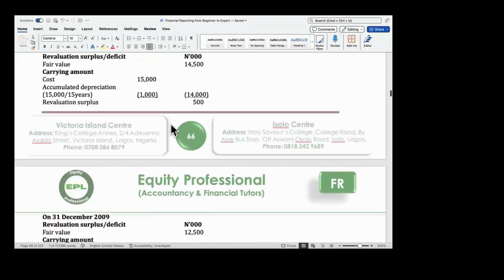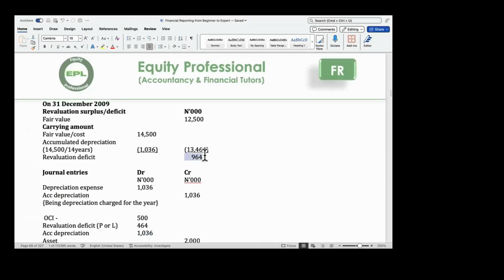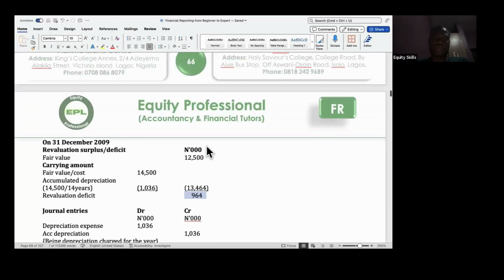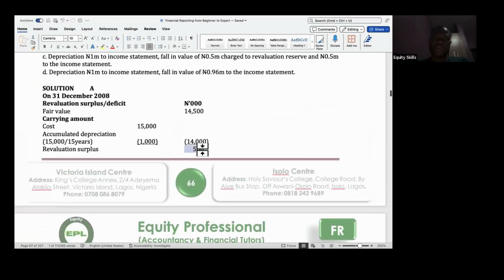So this deficit of 964, ordinarily it should go to P&L as a debit. But the principle is that when there is a previous revaluation surplus, that deficit needs to net off that surplus first.